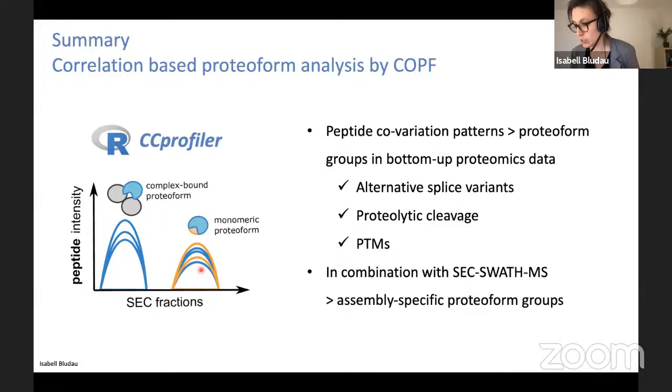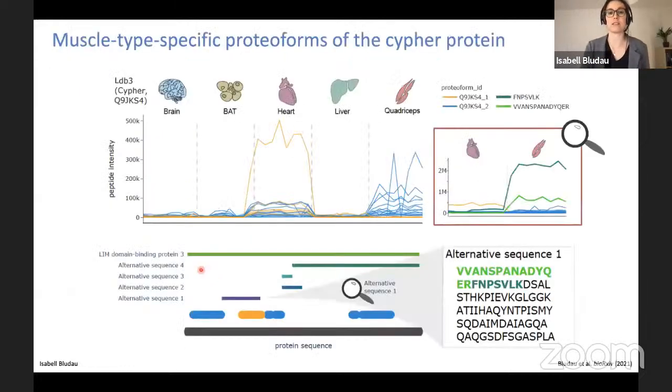One question: does it have to be SWATH-MS for DIA? No, definitely not. You can use any DIA setup that you would like to. This is completely platform independent. And could you quantify the phosphorylation in a protein complex? Yes, in general we could, and this is what I just showed in the slides.